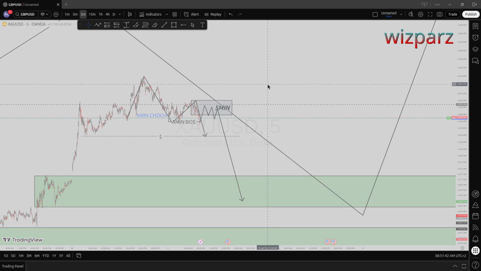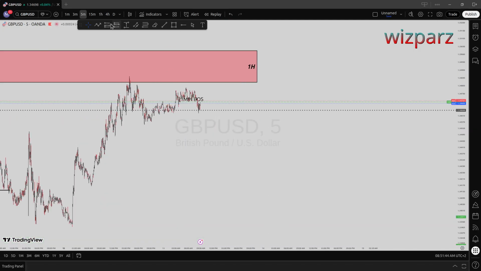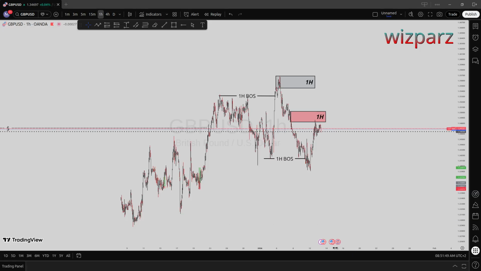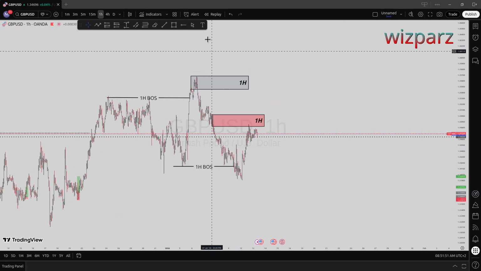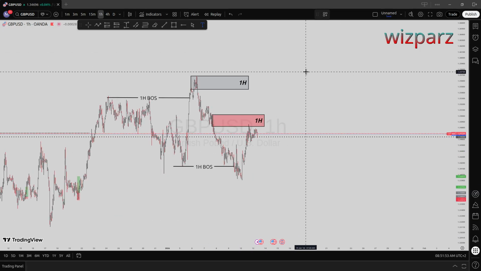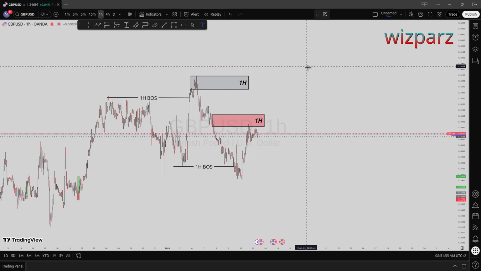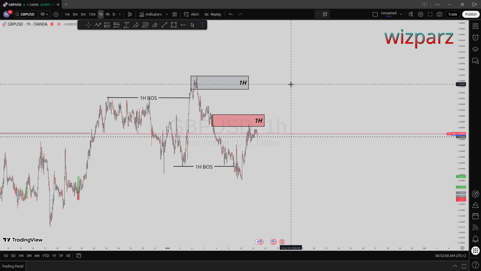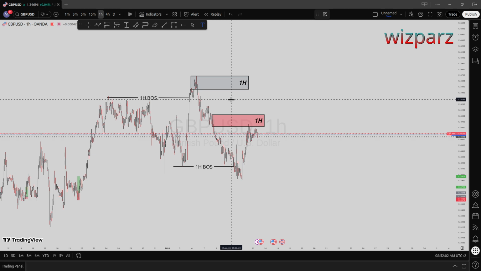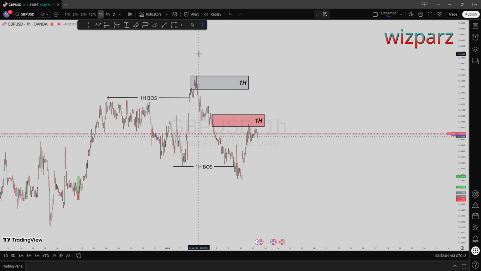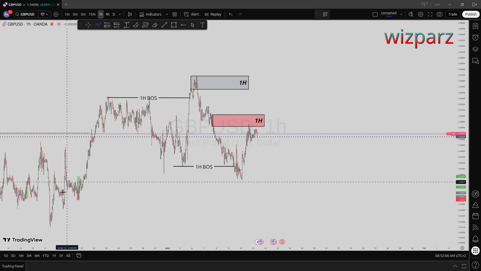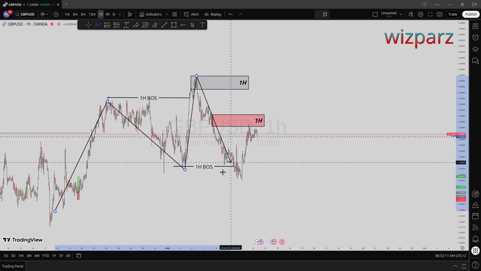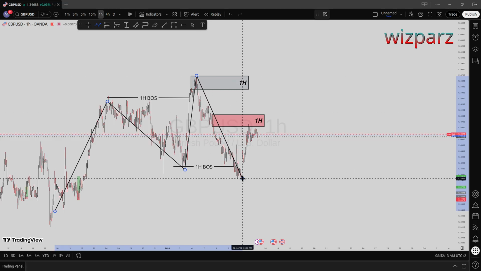Okay, and GU, we also have to do that. The first thing we have to do is analyze and mark our major zone, but before that we have to look for market direction. As you can see, the market was trending upside by making higher high and higher low, but we have seen a market shift to the downside.